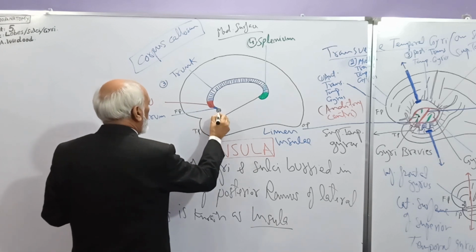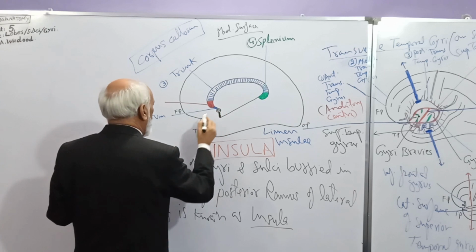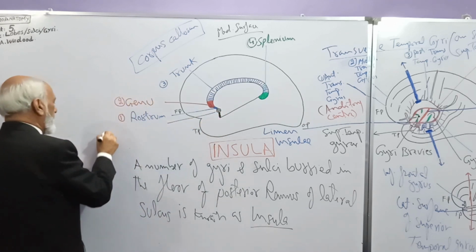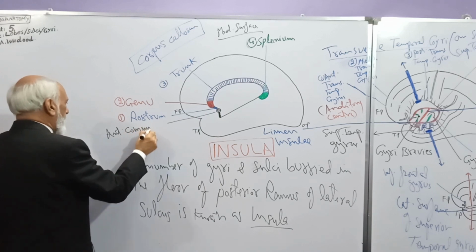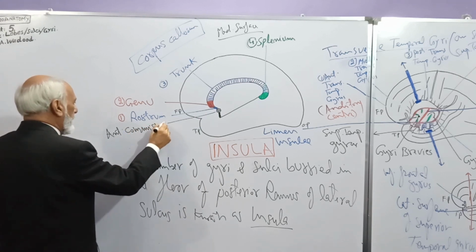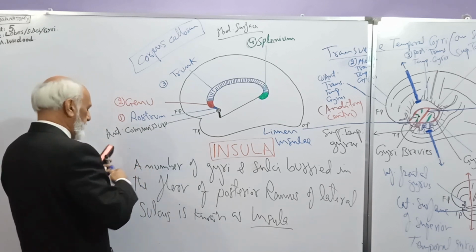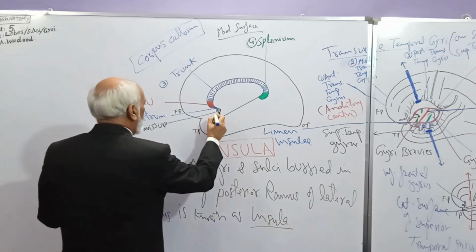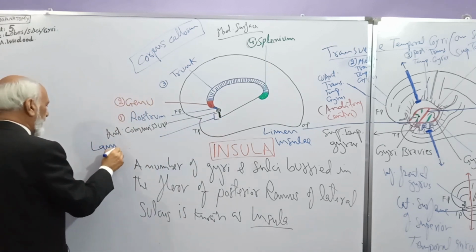Then this is the anterior commissure, another part in the midline, and this vertical membrane of the nervous system is known as the lamina terminalis.